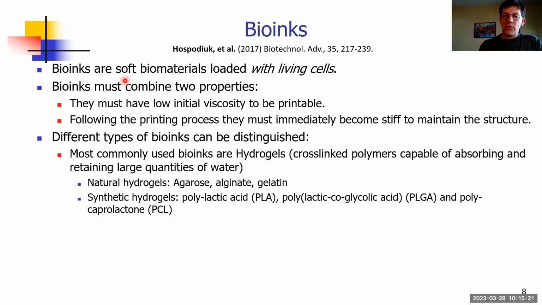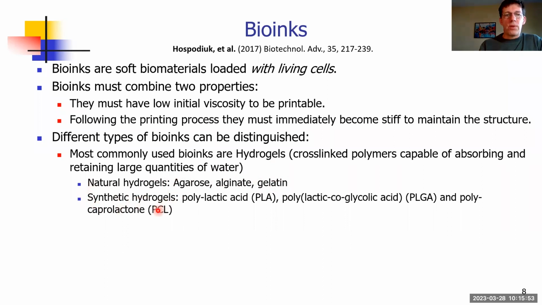There are different types of bioinks. Most commonly, hydrogels are used as bioinks. So hydrogels are polymers that retain large quantities of water, and they can be cross-linked. Typical bioinks used in bioprinting are agarose and, for example, gelatin. I will show you our usage of some of these bioinks with these components, and alginate is another natural source for a hydrogel.